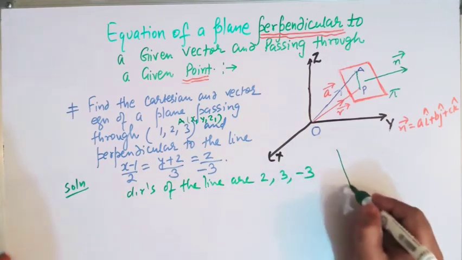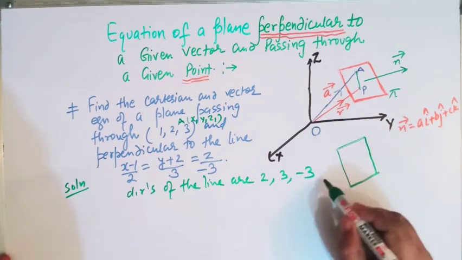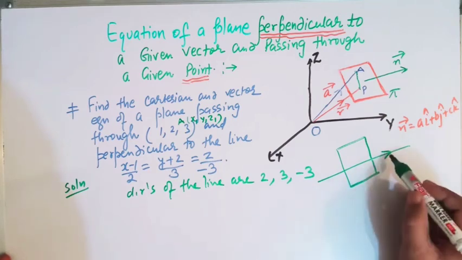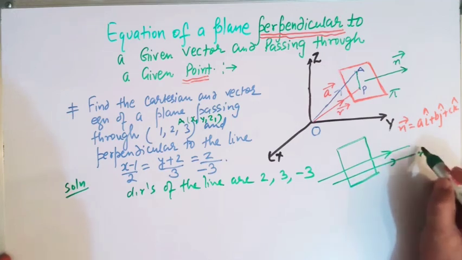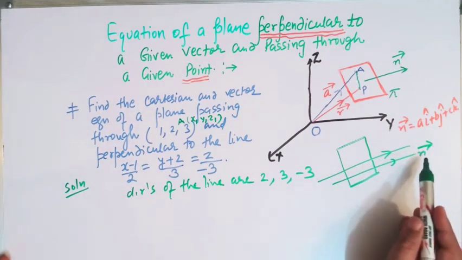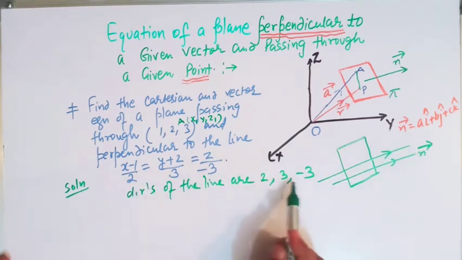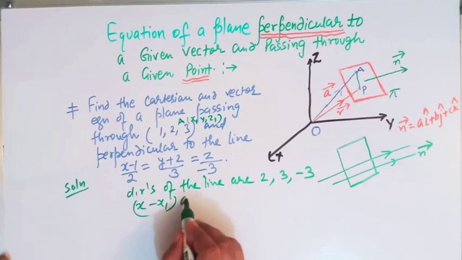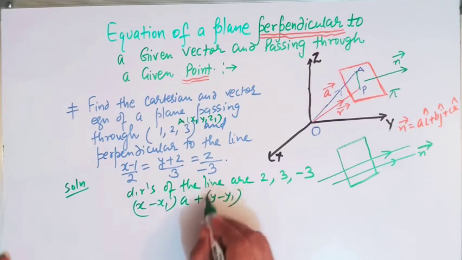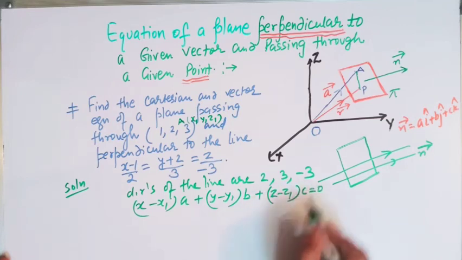So this is our plane, and this plane is perpendicular to the line, and the line is parallel to our normal vector. So the drs of the normal vector are proportional to 2, 3 and minus 3, right? So the Cartesian equation can be written as (x minus x1) a plus (y minus y1) b plus (z minus z1) c equal to 0.